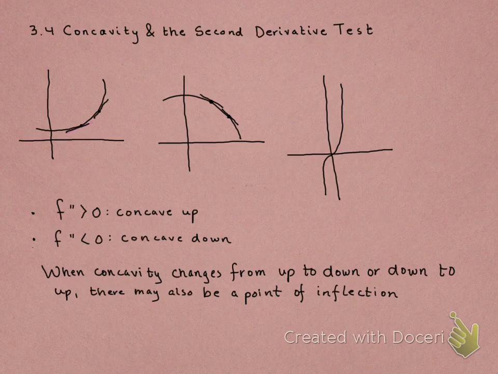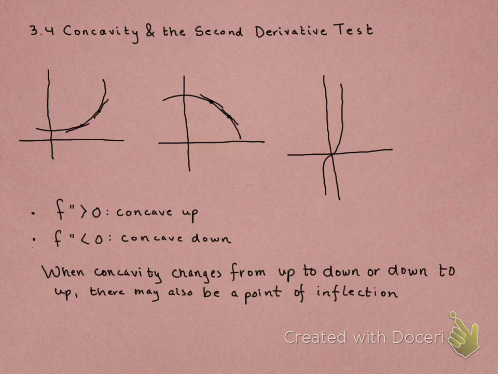We are going to construct a table and do almost the exact same procedure using the second derivative, where the second derivative is equal to 0, and then put that into a table. And if we get a positive number in our test value, the function is concave up there. Conversely, if we get a negative value at a critical number in the second derivative, the function is concave down.